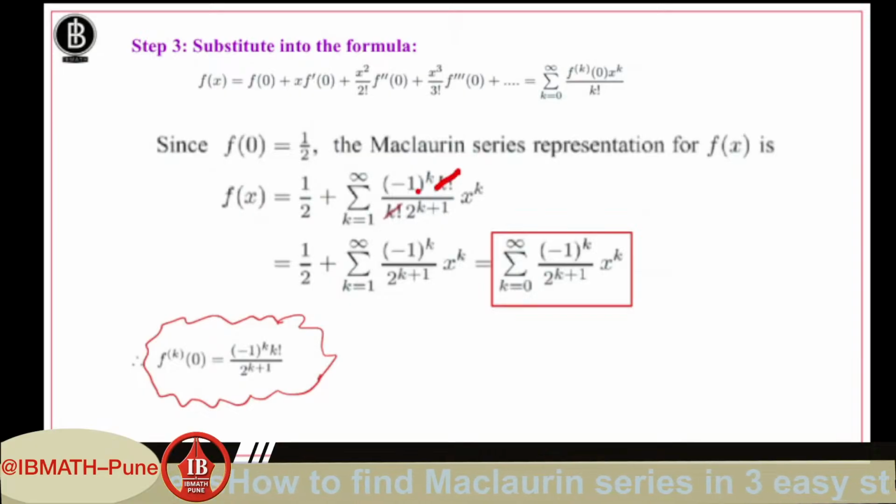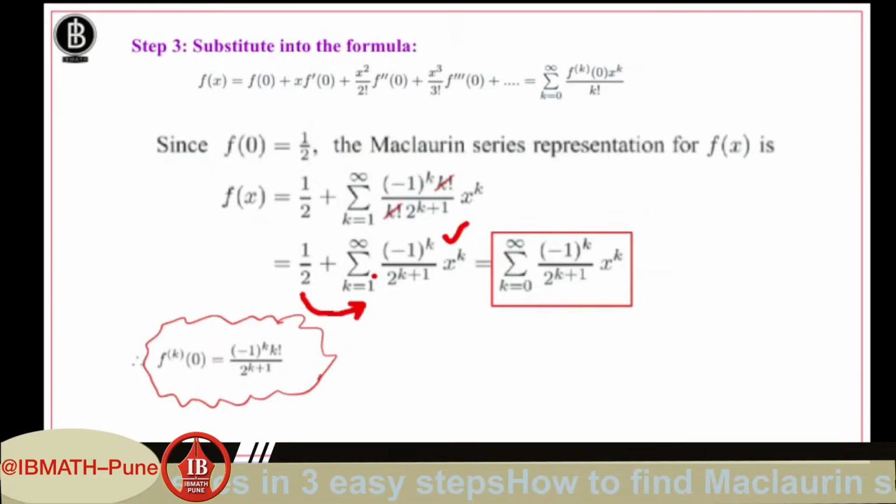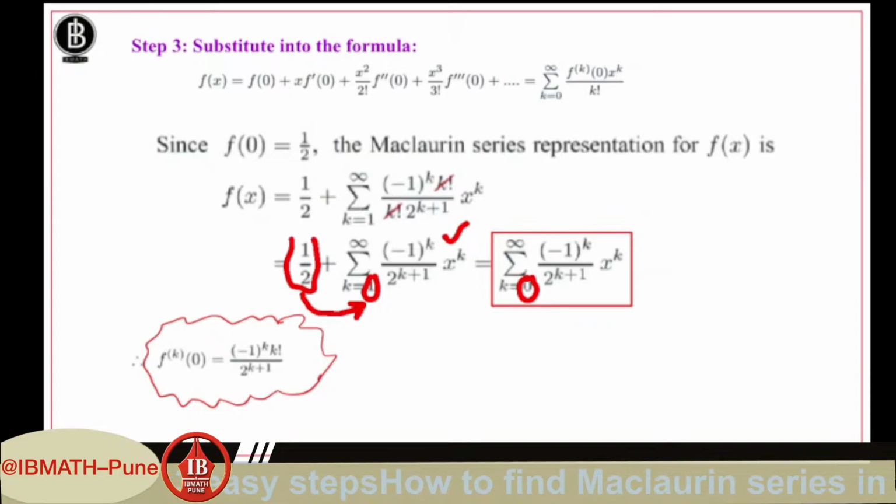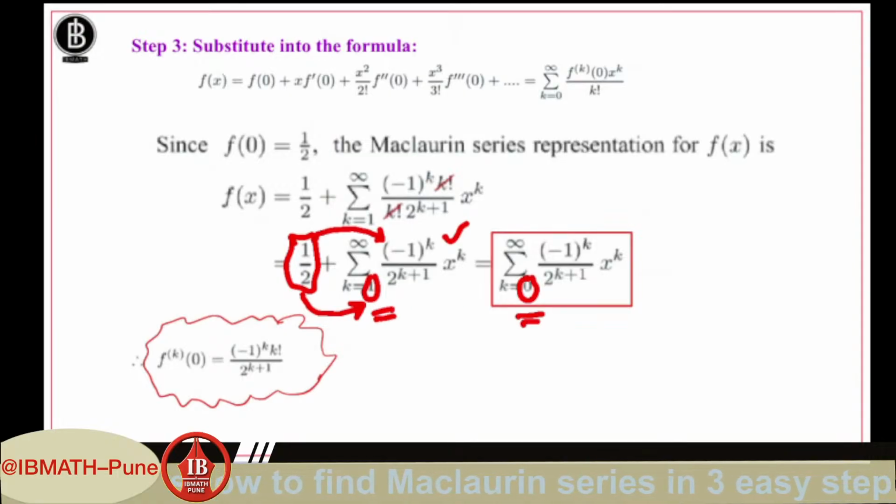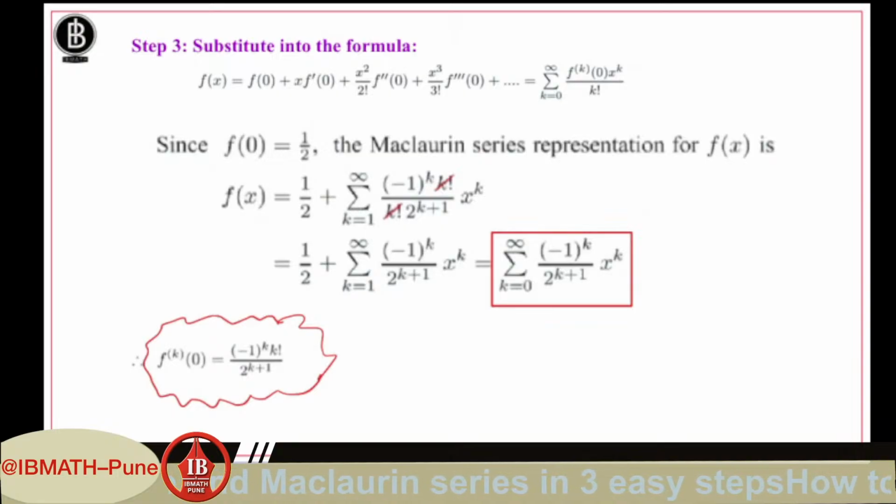From this, k factorial gets cancelled, and we have this simplified form. Now if you take this first term inside, which is f of 0, always remember k will be replaced by 0. Whatever is your answer here, it will be included in the sigma notation, with k replaced by 0. So this is our final answer. I hope you understood this.